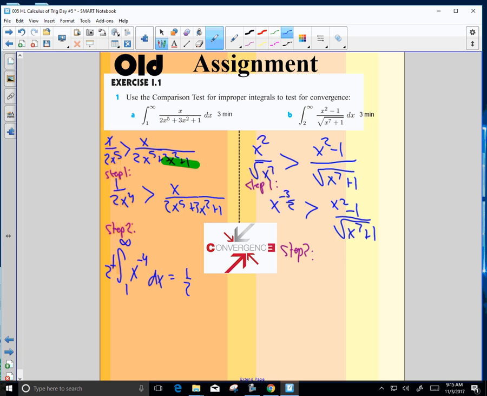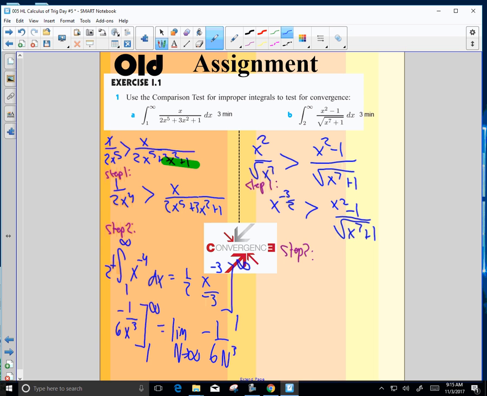1 half x to the negative 3 over negative 3 going from 1 to infinity. And this is rewritten as 1 over 6x cubed going from 1 to infinity, which is the limit as capital N goes to infinity of negative 1 over 6 n cubed.